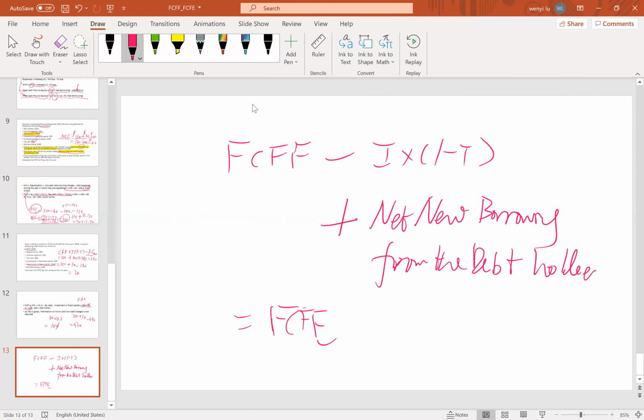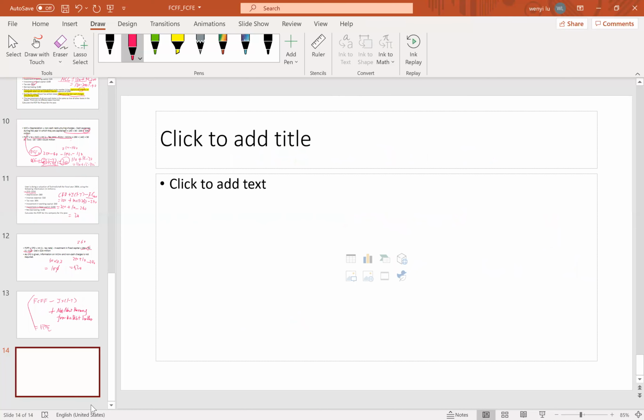So why do we need to study these topics? Because we can use these two measures to continue to evaluate a company.